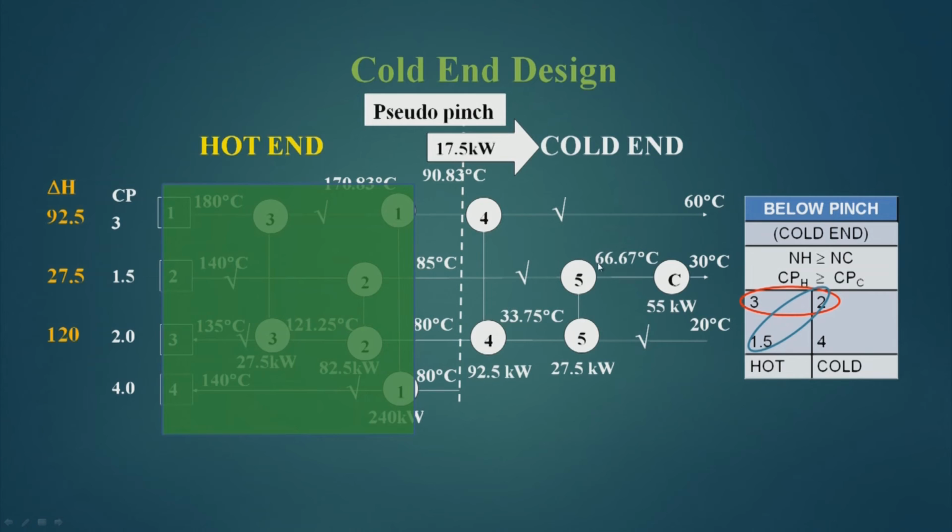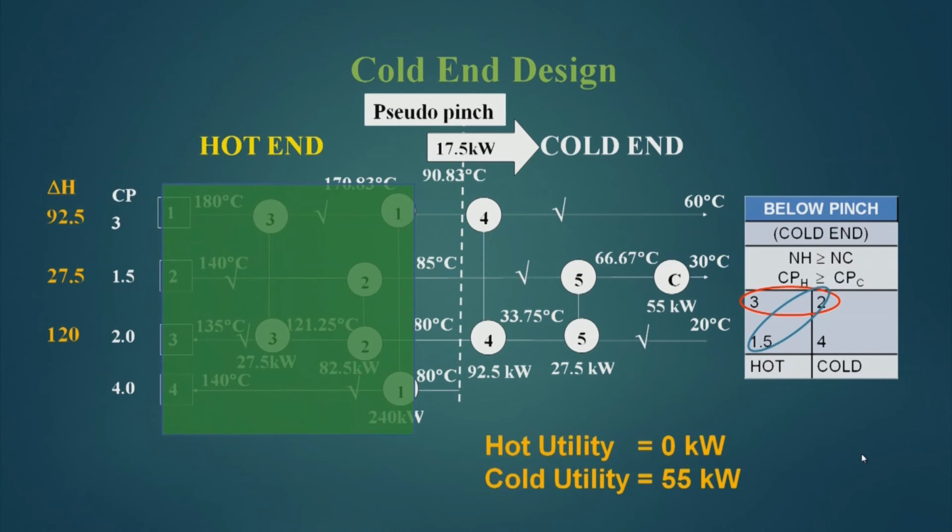Now, from this 66.67 degree centigrade to 30 degree centigrade, this has to be cooled down by cold water, which is a cold utility, and it will be 55.0 kilowatt, which was the requirement of our cold utility. And all the streams are now ticked off, and hence this cold end design is now complete.